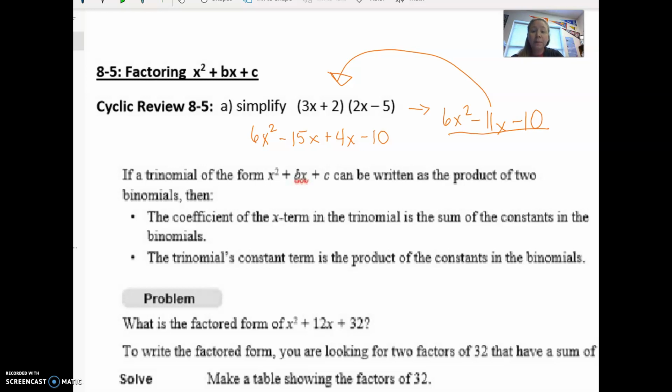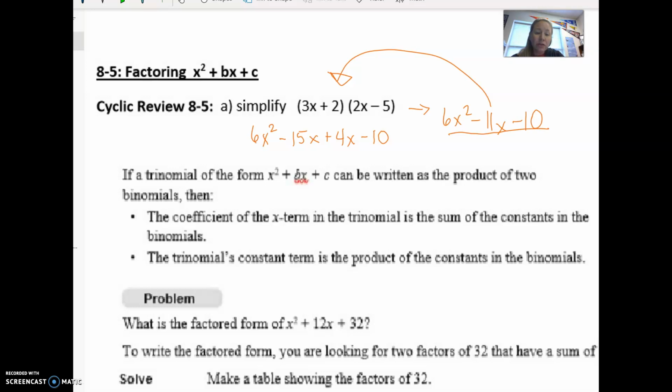If we look here, if a trinomial of the form, it has to be in this form, can be written as the product of two binomials, then the coefficient of the x term in the trinomial is the sum of the constants in the binomials. So we'll talk about what that means.